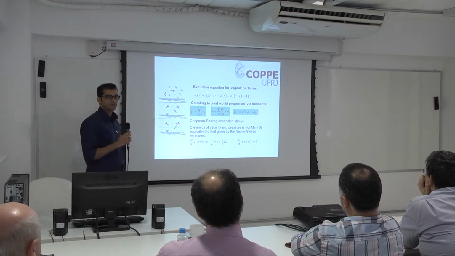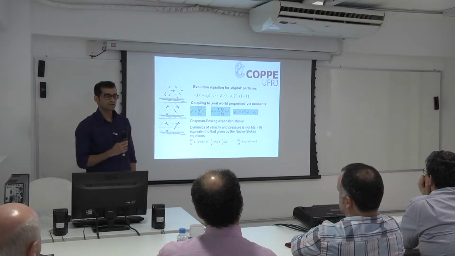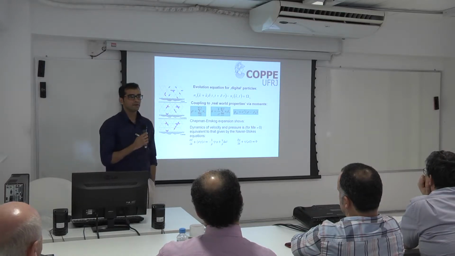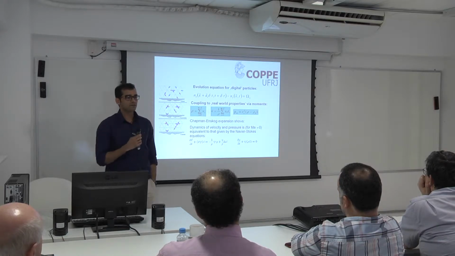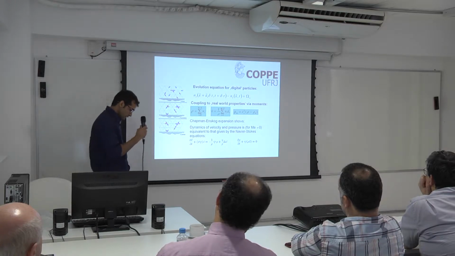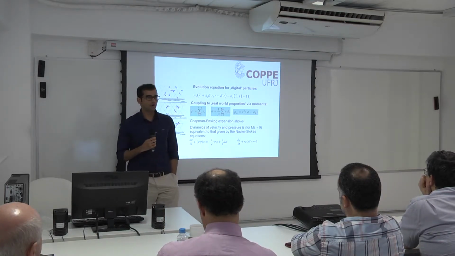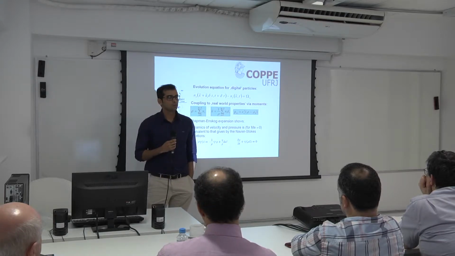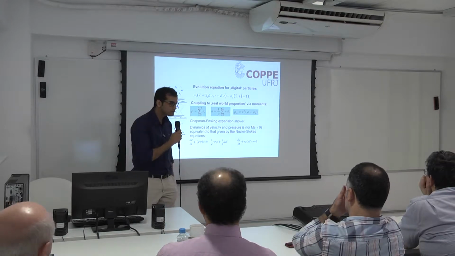There's one thing very interesting about pressure. How do we calculate pressure in pore scale modeling if we are not dealing with the conventional Navier-Stokes solvers? In Navier-Stokes equations, we use a top-down approach. We start from a nonlinear partial differential equation.